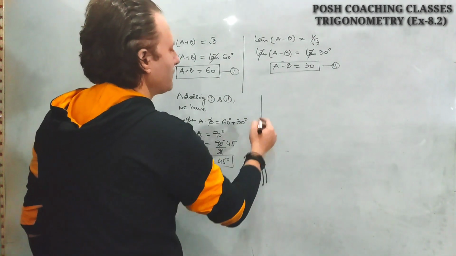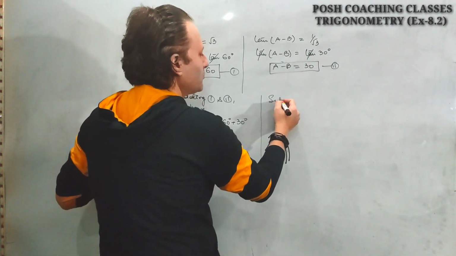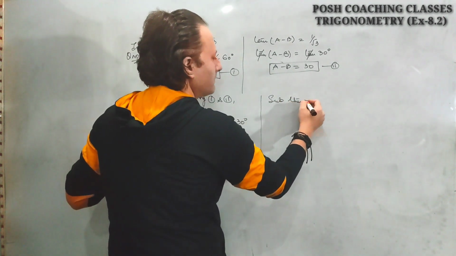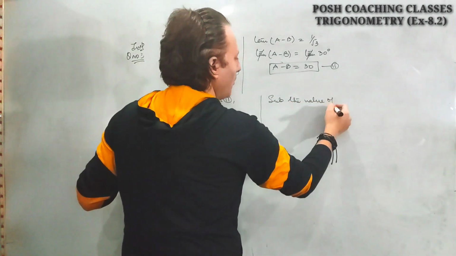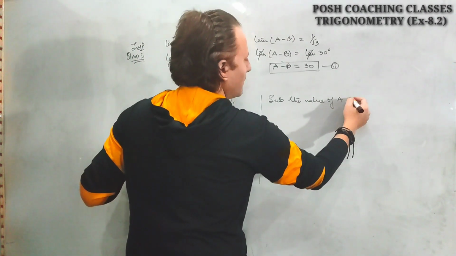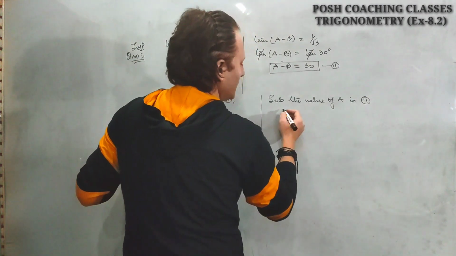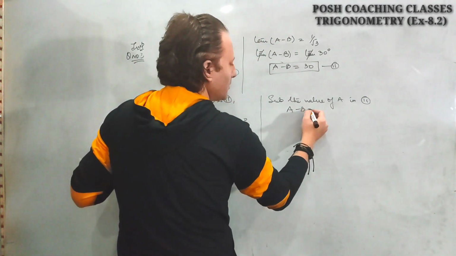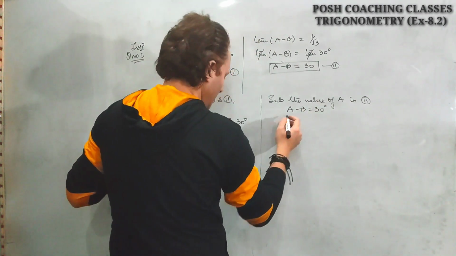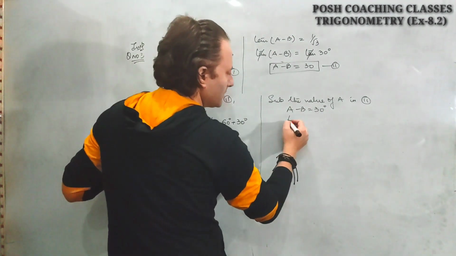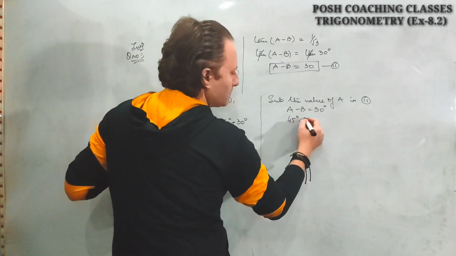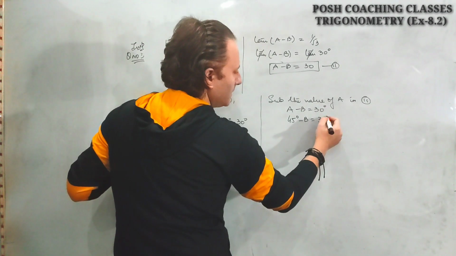Now obviously we need to find the value of b. So what are we going to do? Substitute the value of a in either of the two, that's your choice. In the second, we have a - b equals 30 degrees. a has the value 45, so 45 - b equals 30.